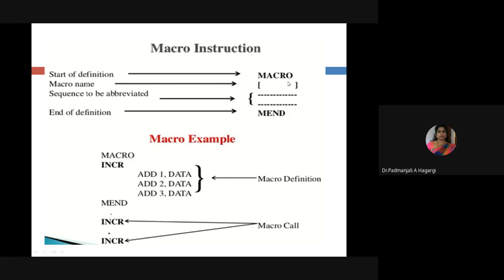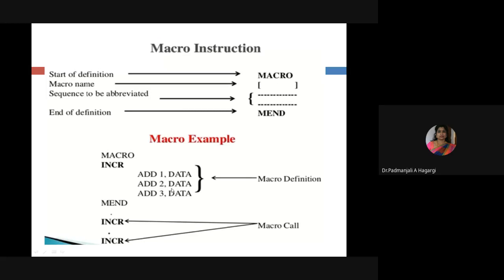A definition of a macro is started by the keyword called macro. Again here we start by saying the macro name. Then the body of the sequence to be abbreviated, the body of the macro, is like this.